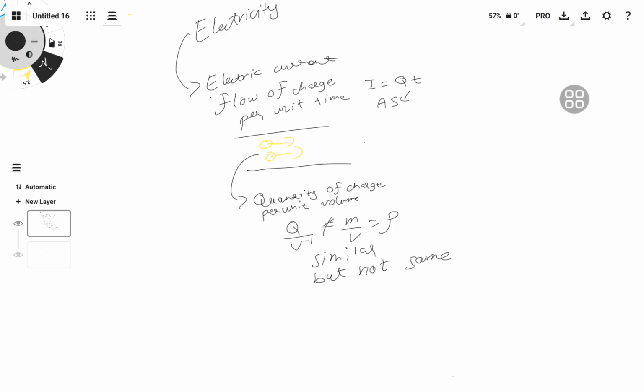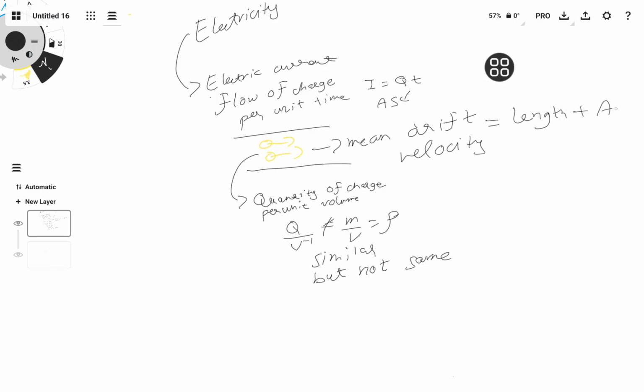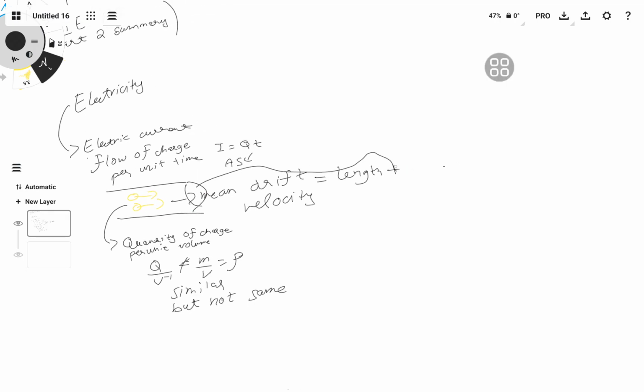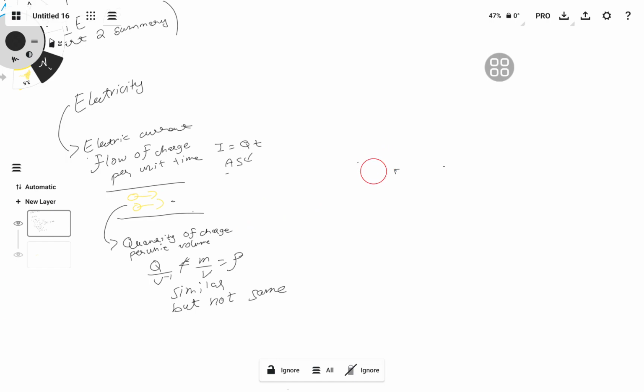Next we will talk about a bit of other stuff, like quantity of charge. We also have mean drift velocity, basically how fast these electrons are traveling through this wire. This depends on length and cross sectional area, basically this part, the cross sectional area. Sorry for making this a lot messy.